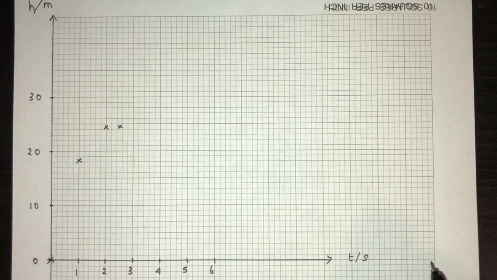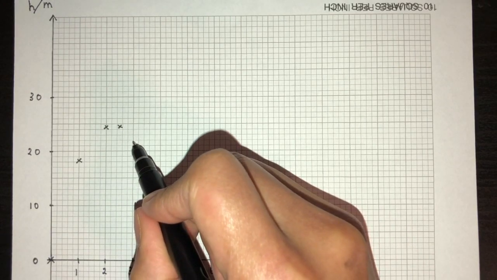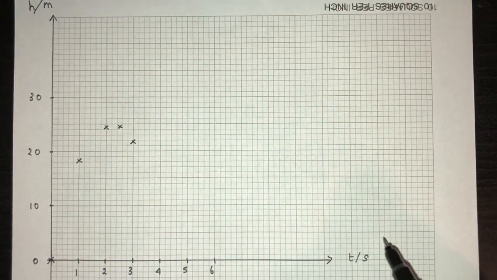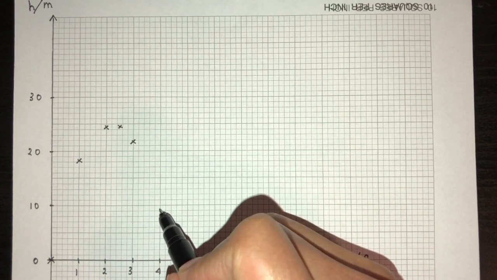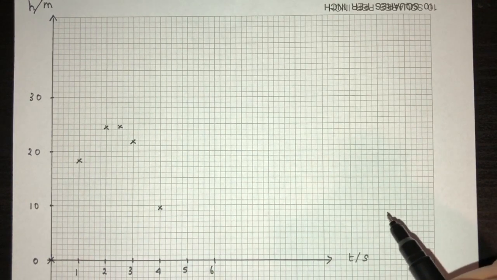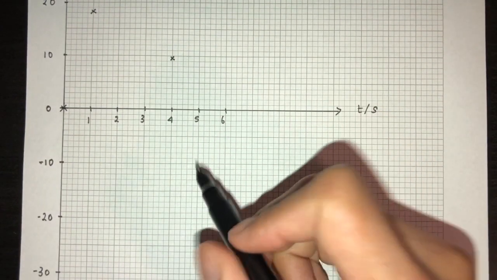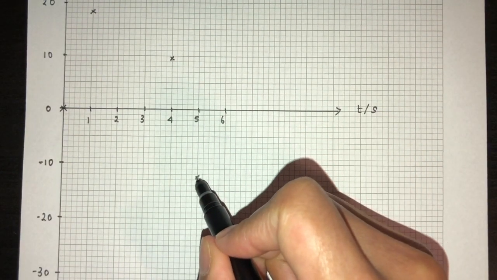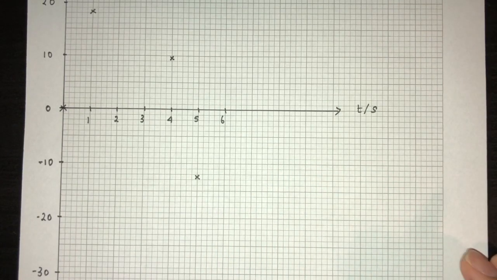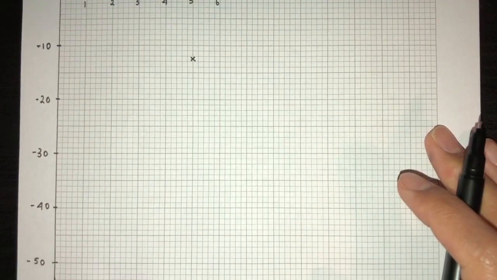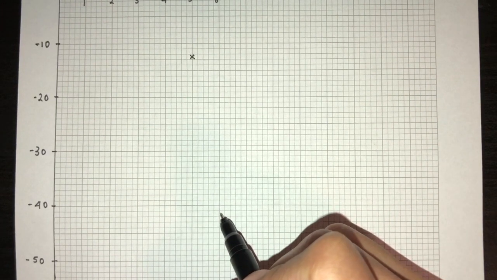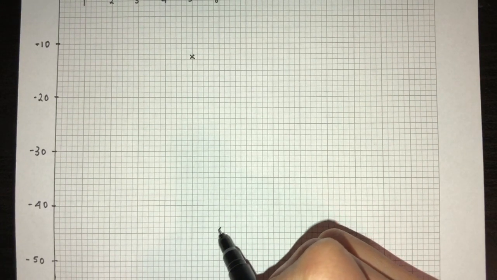Then we have 3, which will be 21.9. Then we have 4, which will be 9.6. Then we have 5, which will be minus 12.5. Then we have 6, which will be minus 44.4. So minus 44.4 should be somewhere around here.